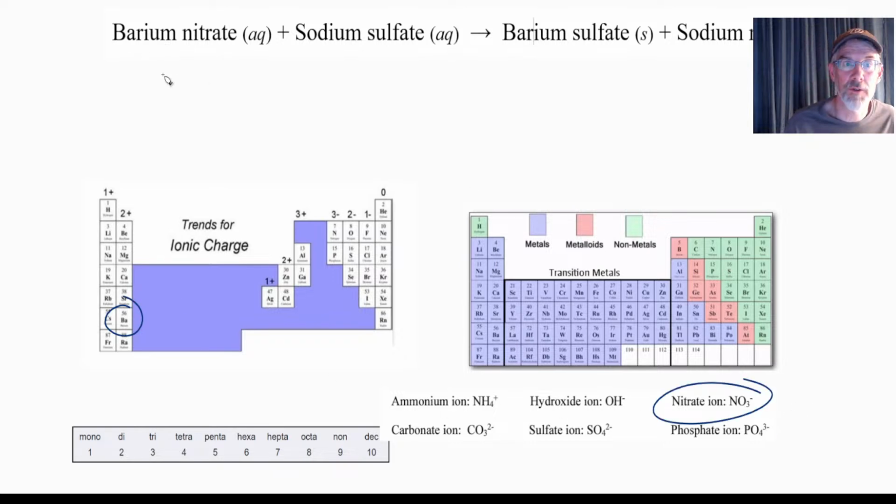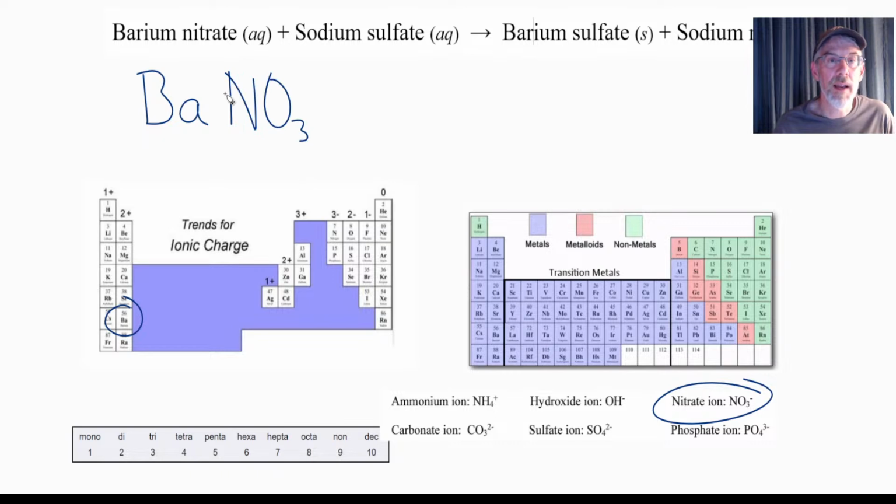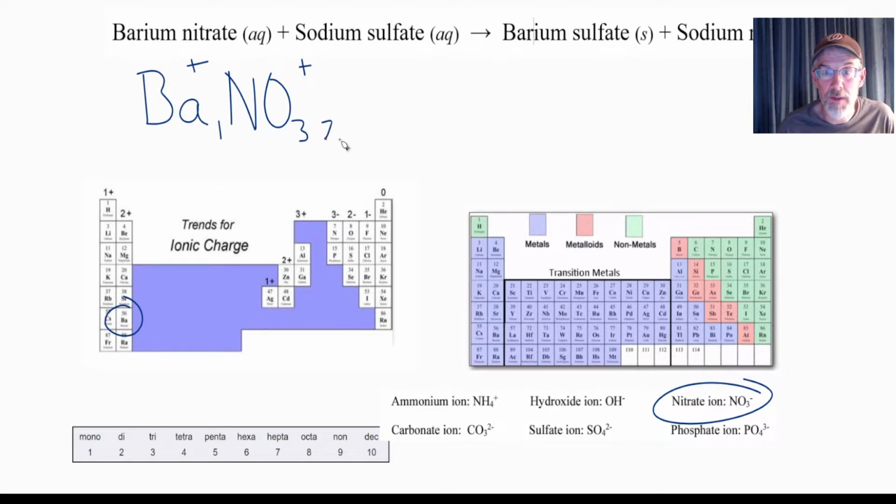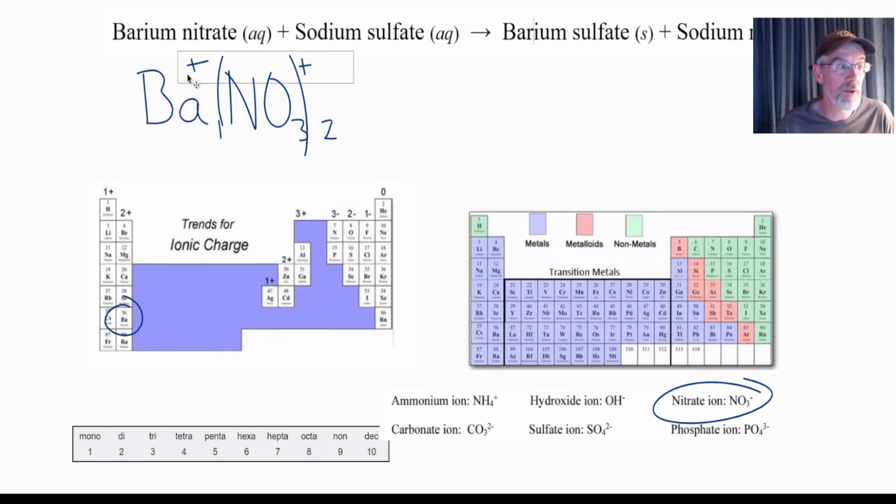Another great one to remember. And you can do the crisscross method here as well. This is 1 plus. You could just move the 1 here and the 2 out here. Let's make that really look like a 2. That was a pretty weak 2. Put your parentheses around, get rid of your charges. So you could do barium nitrate like that.